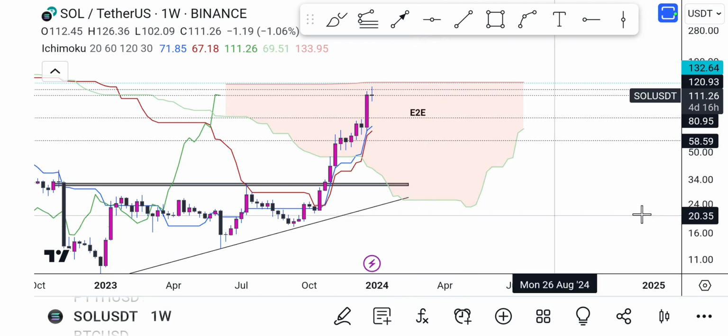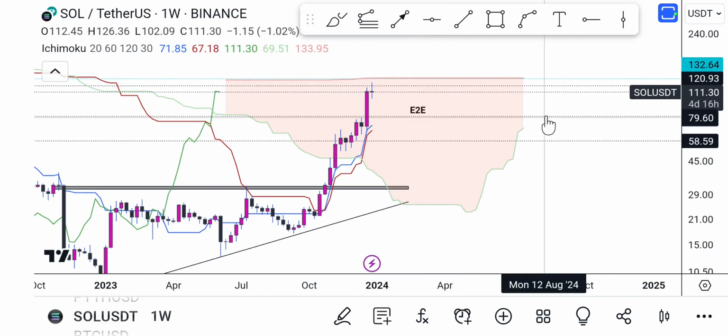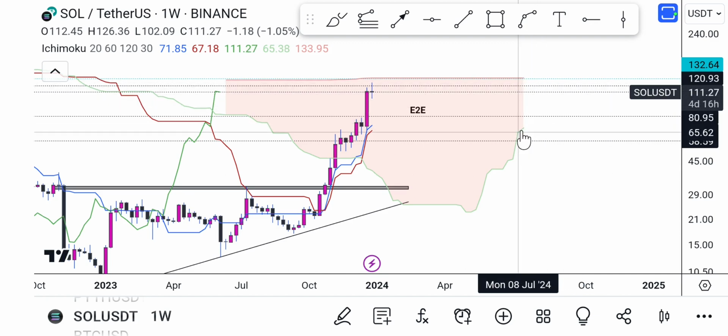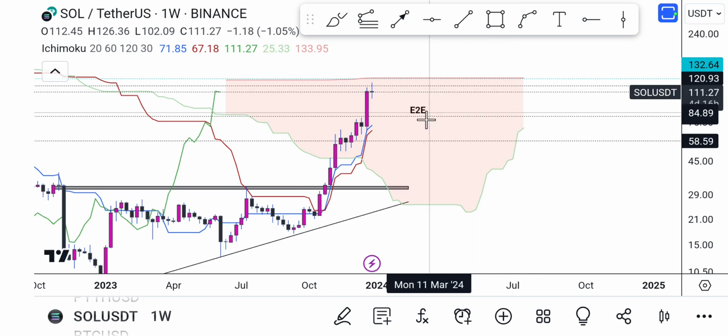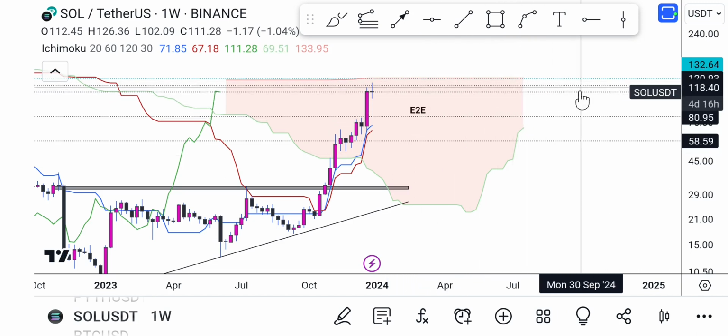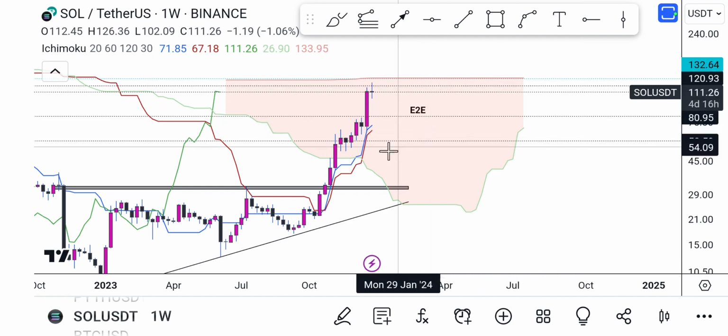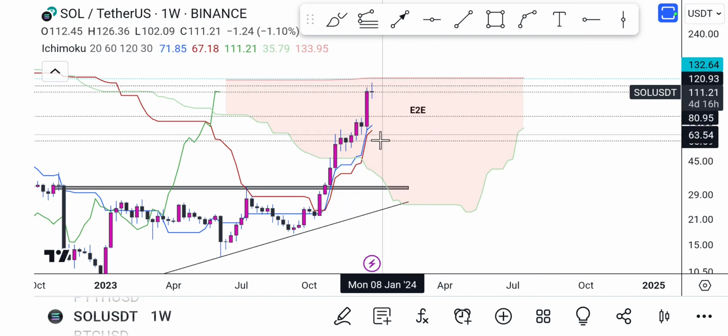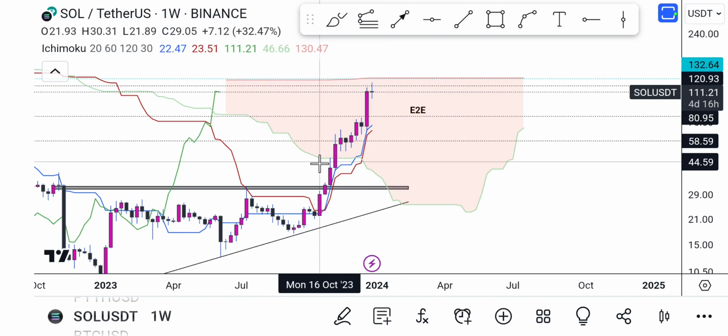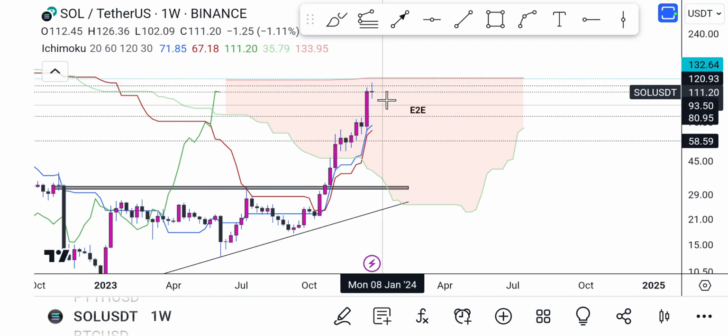But one of the most important things here is that the cloud needs to twist from the red zone to the green zone, which will give us that strong bullish signal that yes, go long. Anything inside the cloud apart from the edge to edge, if you want to go long, first thing first is to trade the edge to edge.